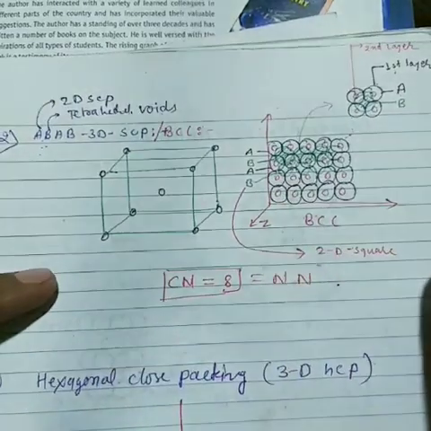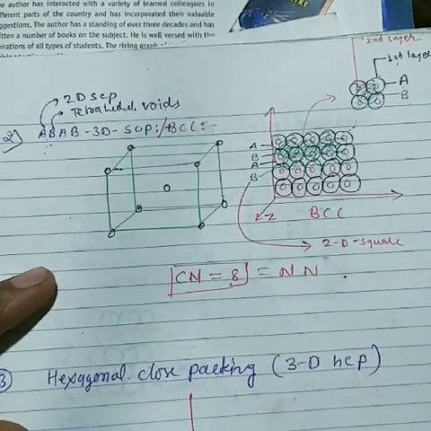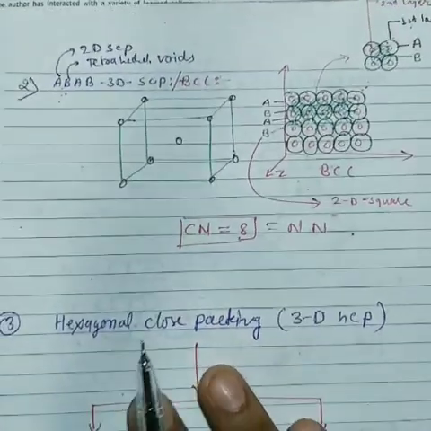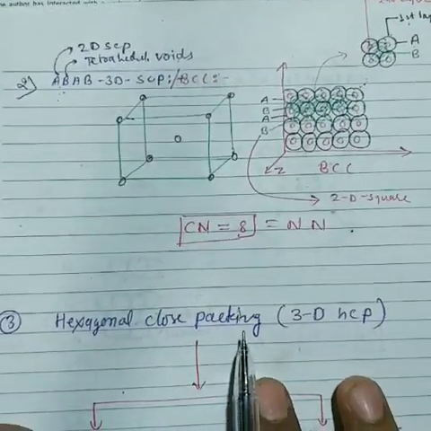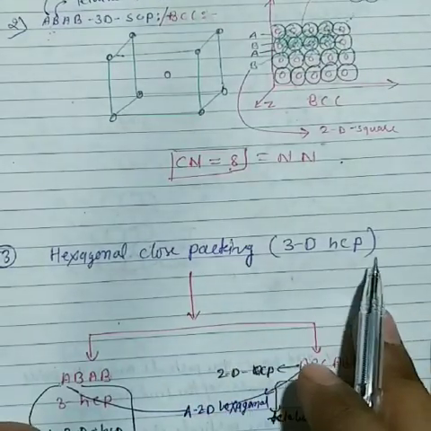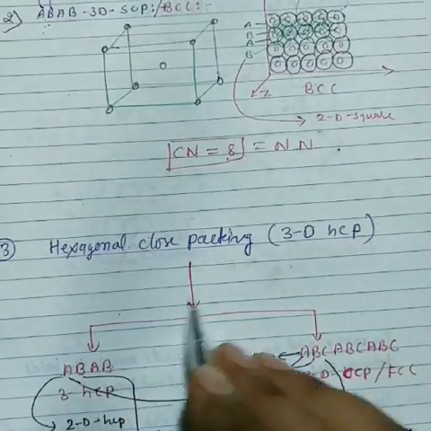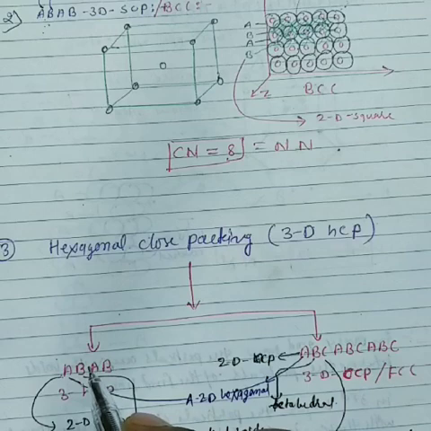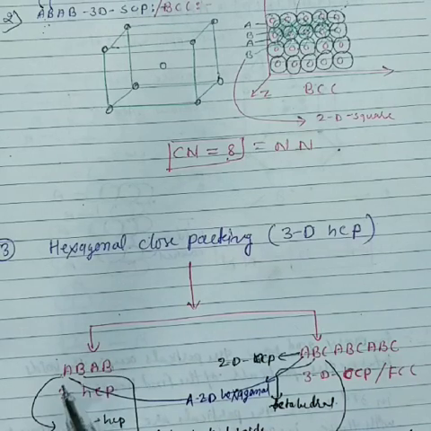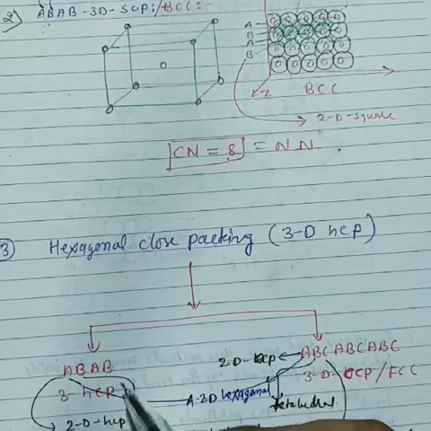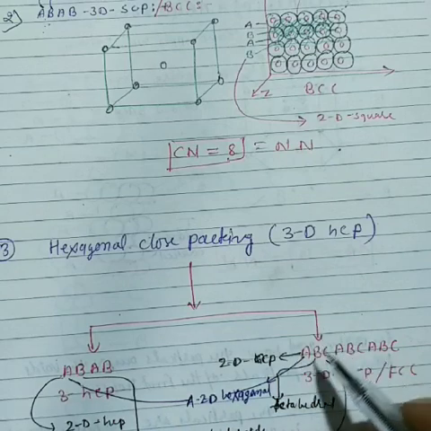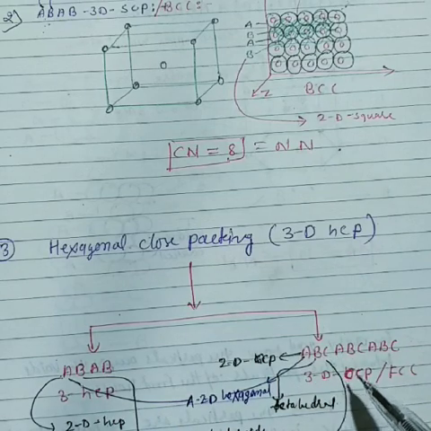Okay, students. Next one, hexagonal close packing. That means 3D HCP, and there are two types. The first is AB type, and the other is 3D CCP.